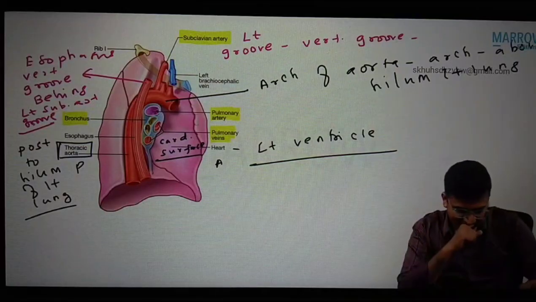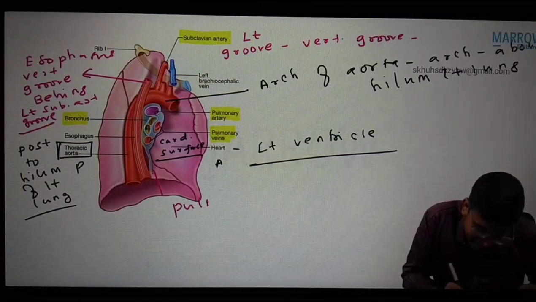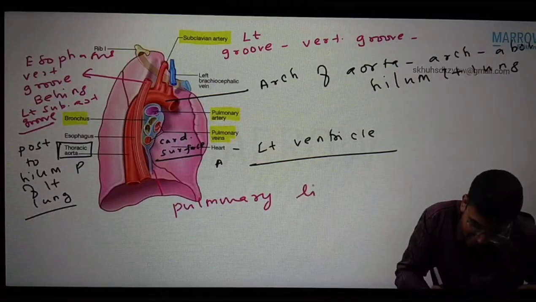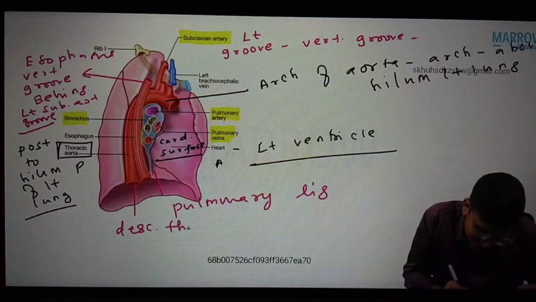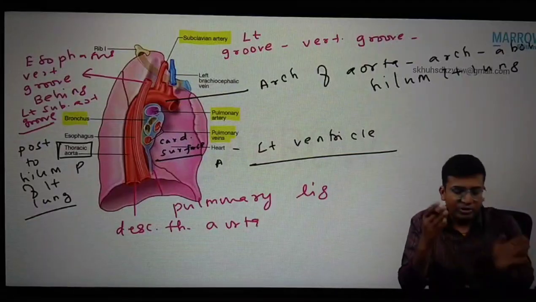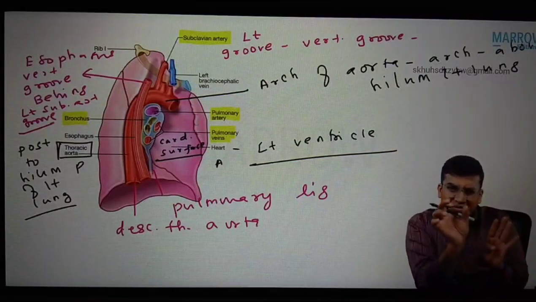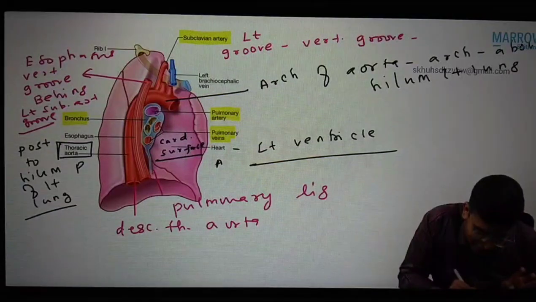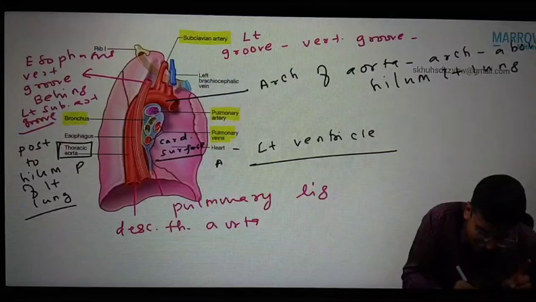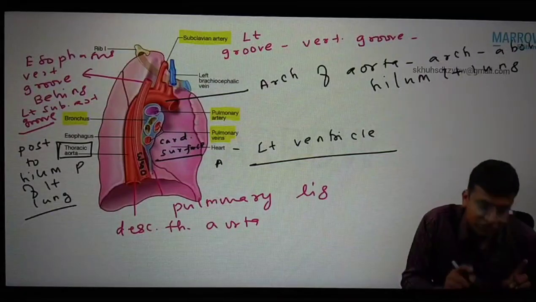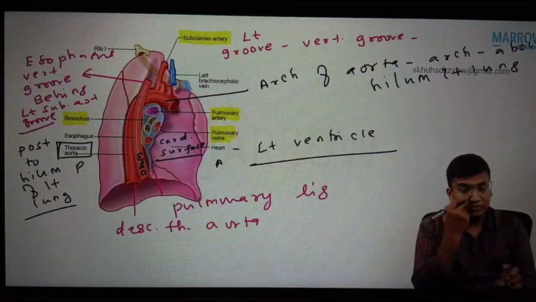Okay, right. And one last point. Now this is our pulmonary ligament. And this is impression for descending thoracic aorta. Now between the pulmonary ligament and the impression for descending thoracic aorta, we have one small vertical groove, and that vertical groove is for esophagus. So esophageal relations you see 2 times in the mediastinal surface of the left lung.